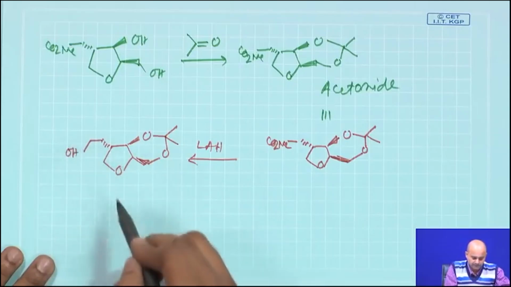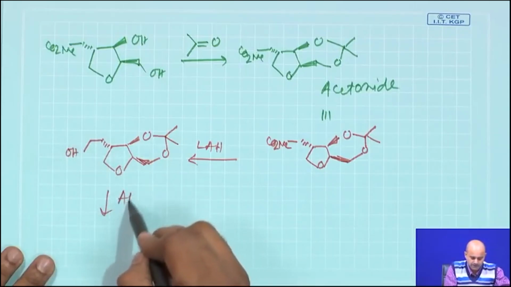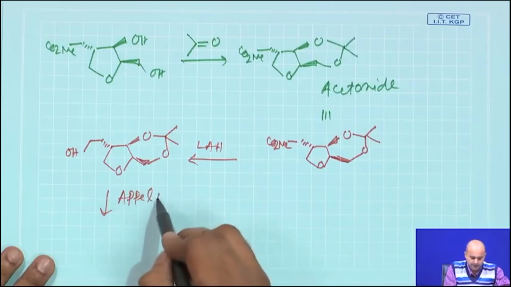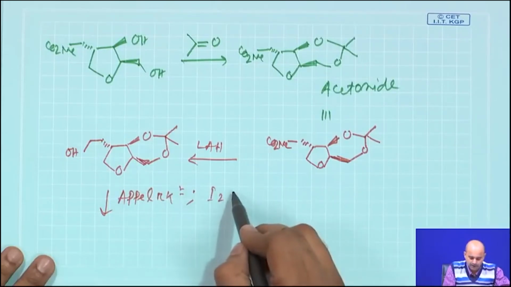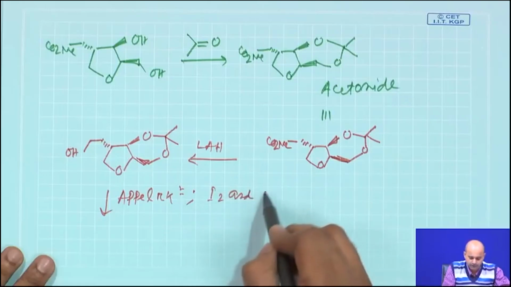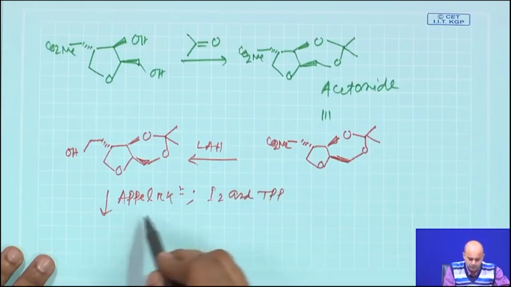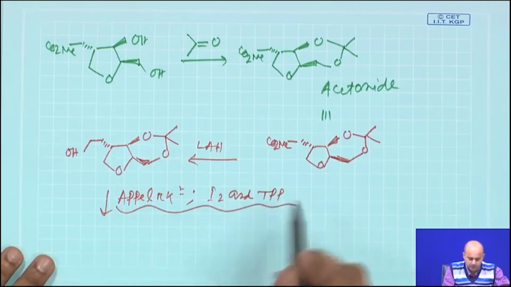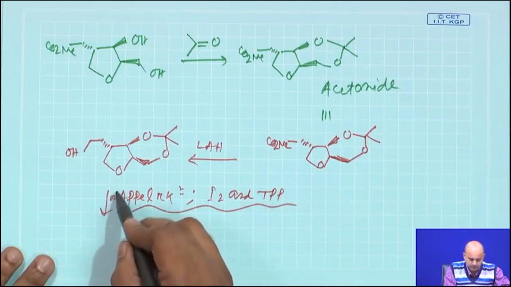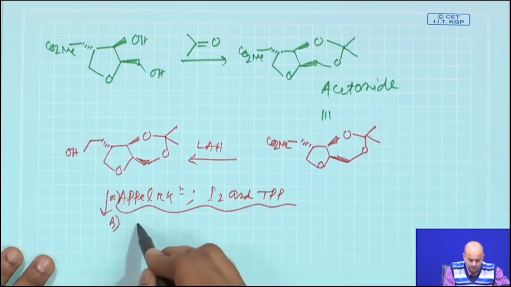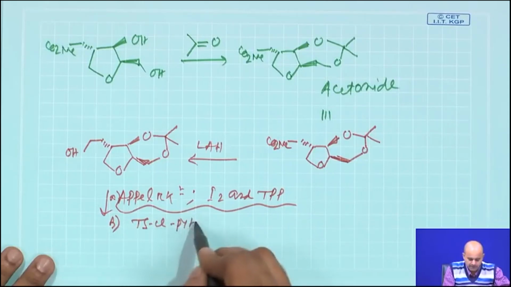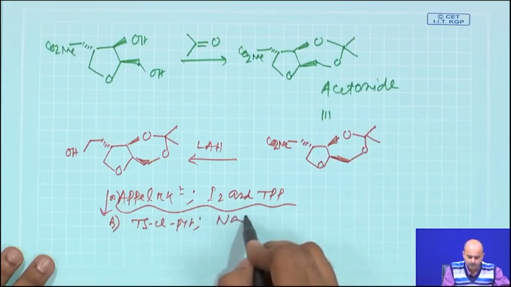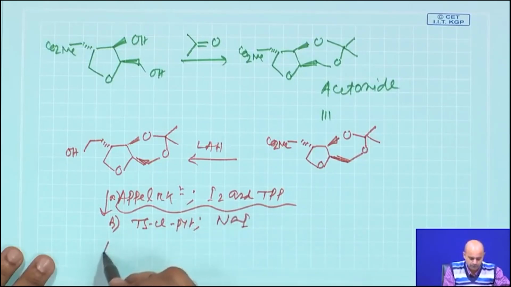So, you get the reduction, and next you do an Appel reaction, which we have discussed many times, using iodine and triphenylphosphine. Or, if you do not use the Appel reaction, you can do it a different way: tosyl chloride and pyridine, and then a 2-step sodium iodide, which also gives you the iodide.